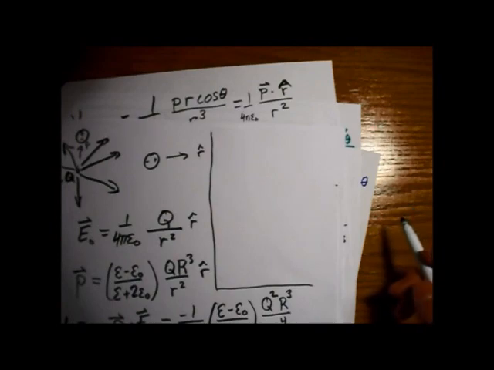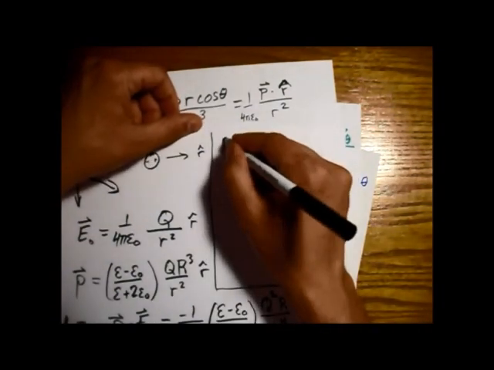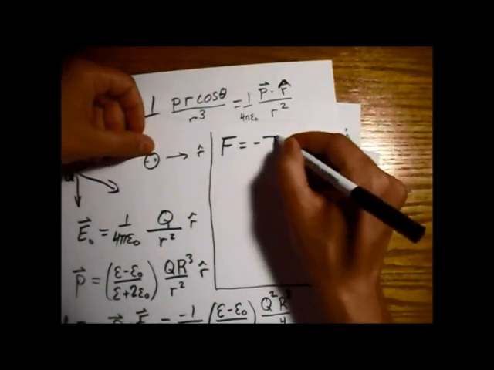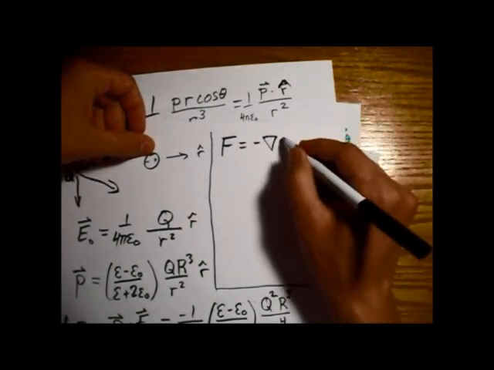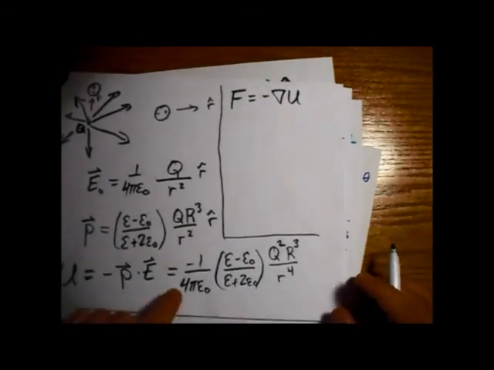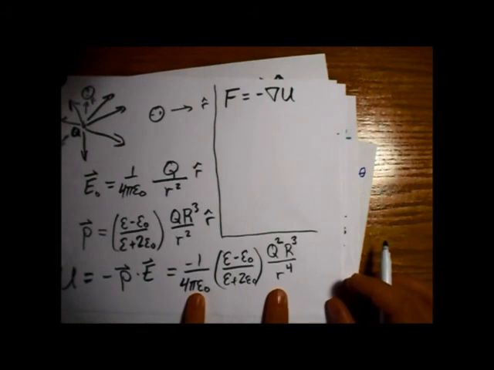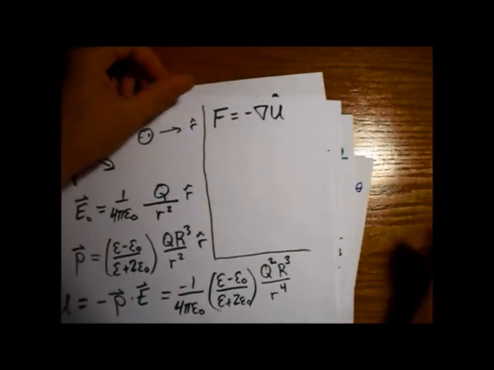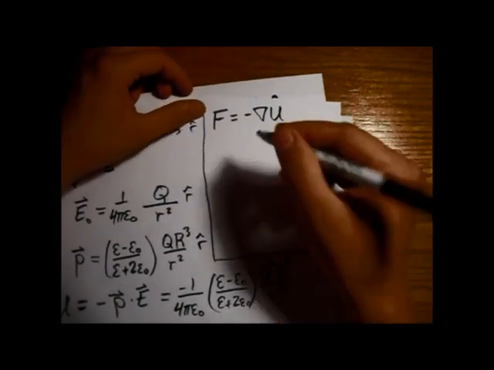Now we want to find the force on this dielectric sphere, which is going to be the negative of the gradient of this potential, which we just found. So that's just right down here. It only depends on r, so we only have one derivative to compute.